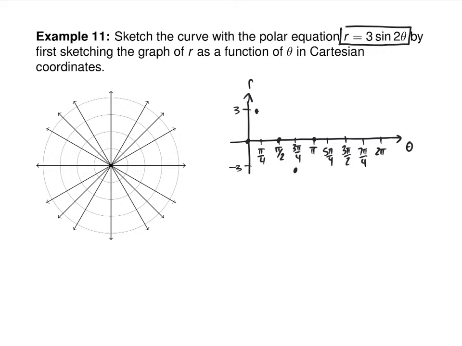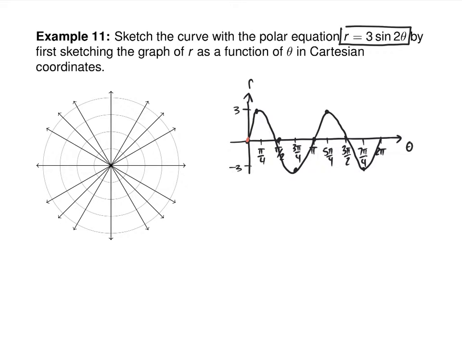And then back up to 0 by pi, right? And then it does it twice. It does one more time. So back up to 3 by 5 pi over 4, down to 0 by 3 pi over 2, negative 3 by 7 pi over 4, and back up by 2 pi. Okay.